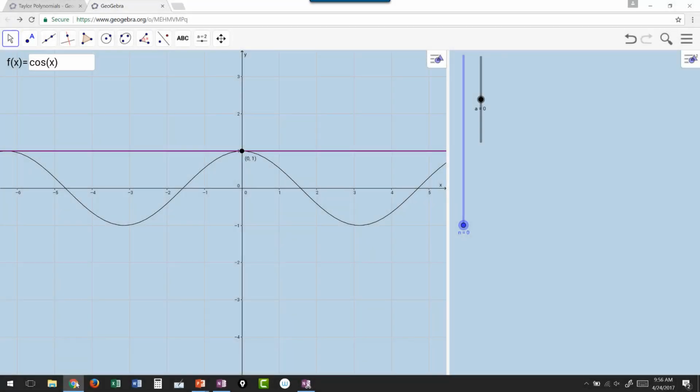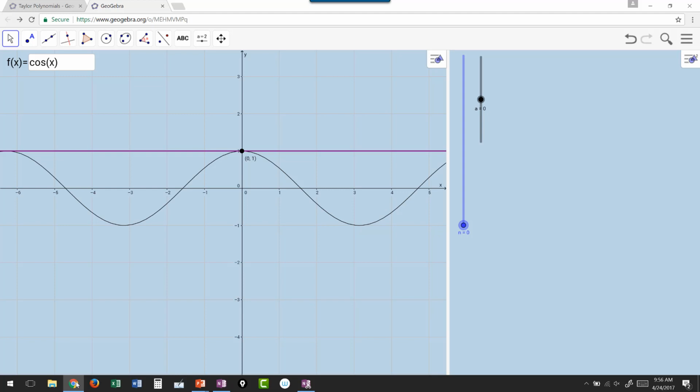We're going to take a look at a GeoGebra applet that will show us how to visualize Taylor polynomials, sort of what is happening there. There'll be a link to this applet on our Moodle page, so you could play with this as you wish.